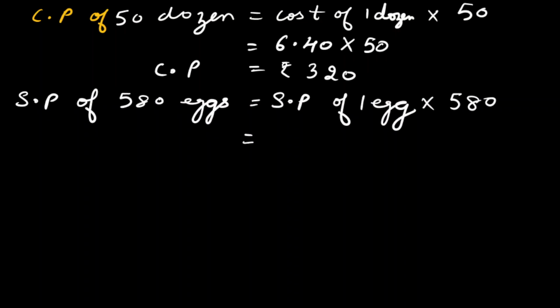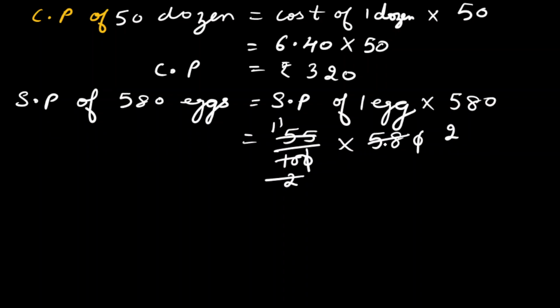580 eggs. So 55 paise, when we convert it to rupees, is 55 by 100 into 580. We can cancel the 10, then 5 into 11, 5 into 2. Further we can cancel: 2 into 2 is 4, 2 into 9, so 29.